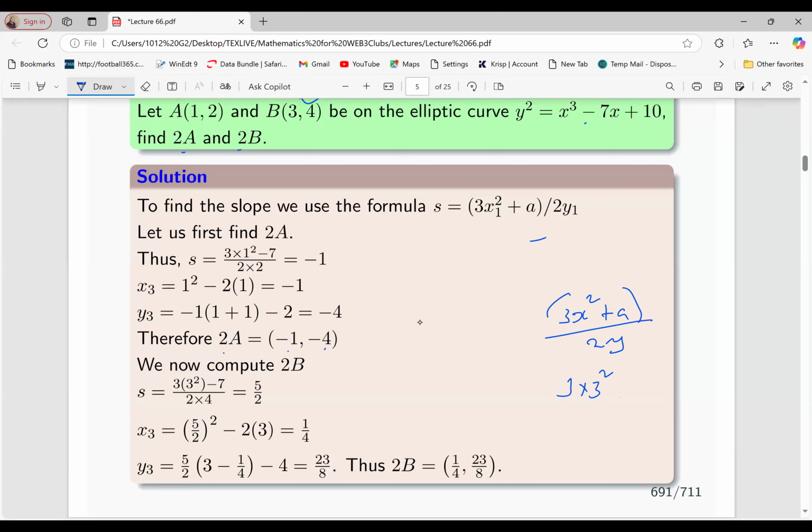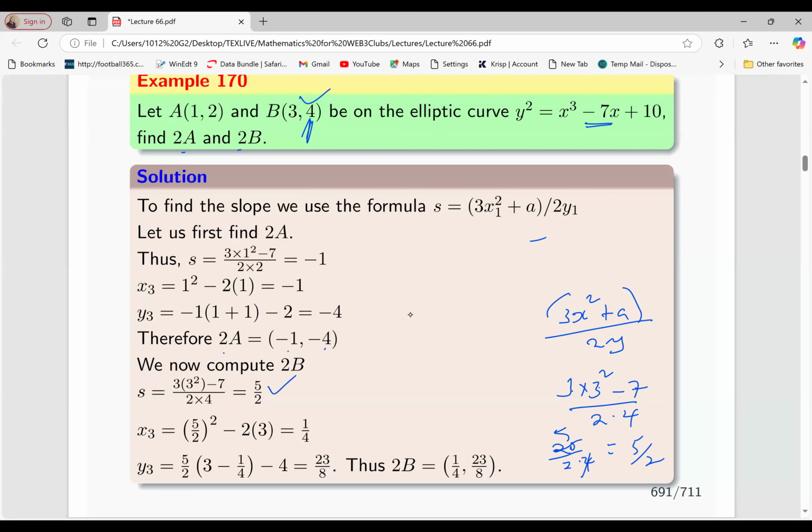Then plus A, coming from the curve, which is -7, over 2y, and y is 4. So 9 times 3 is 27, then minus 7 is 20. 20 out of 2 times 4. 4 goes into 20 five times, and you have 5 out of 2. So this is our S.